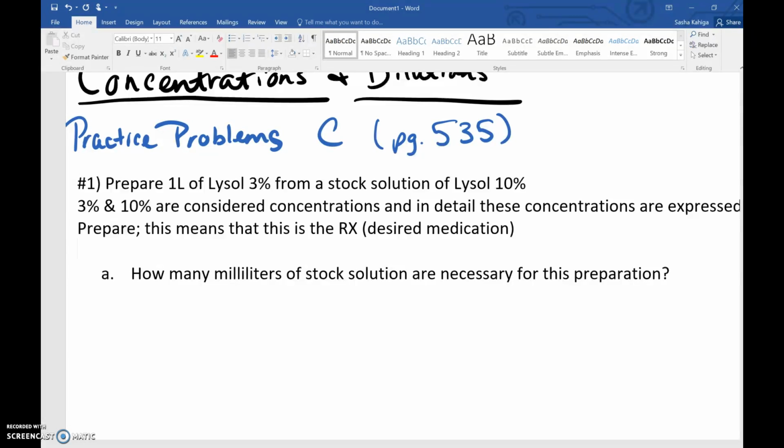When you're looking at this problem and identifying some information, I always tell you to ask yourself question number 1: what type of problem is it?